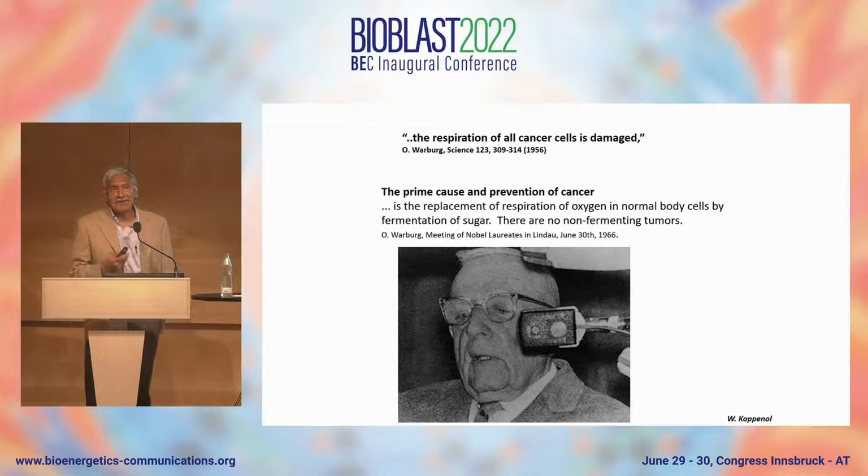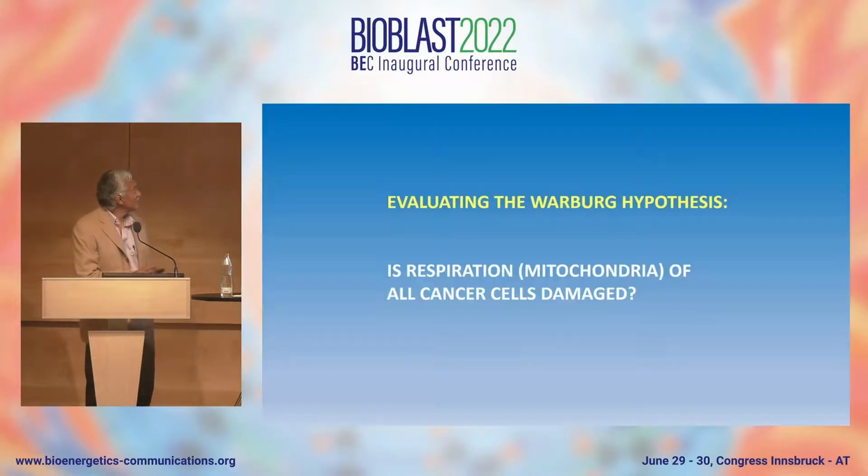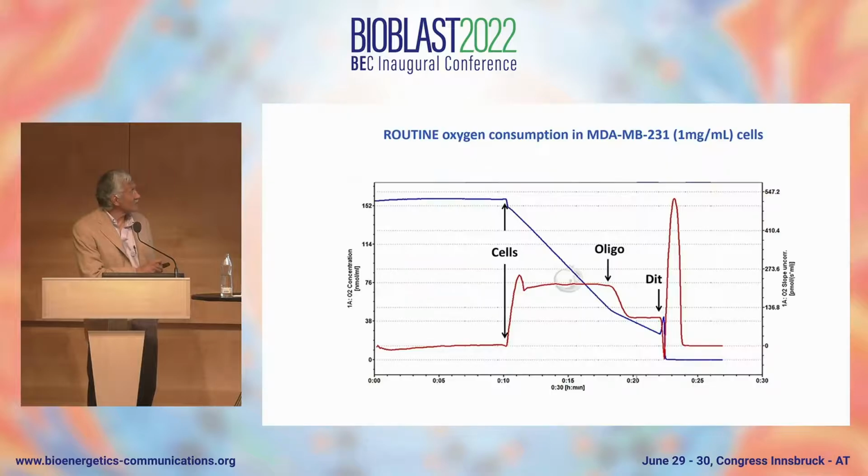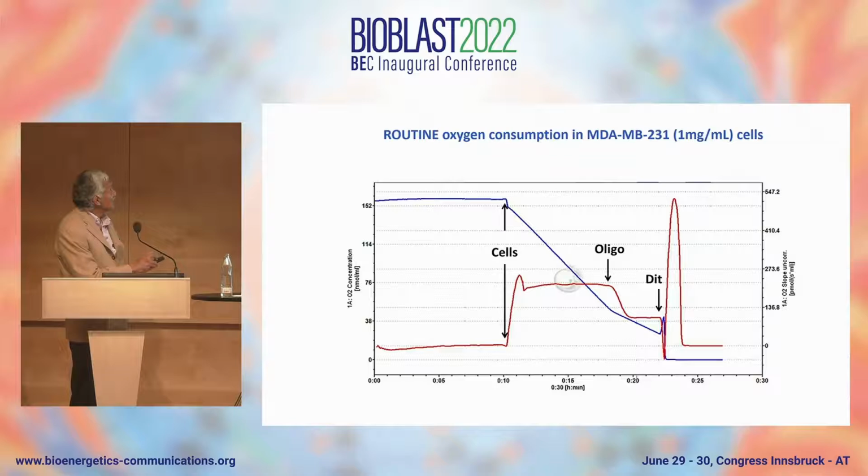Me being a mitochondriologist for so many years, we decided to go and measure oxygen consumption rates in our cancer cell models and oxidative phosphorylation. So we evaluate experimentally the second part of the Warburg hypothesis with this simple protocol. This is the oxygen concentration with cells, and then they start consuming oxygen.